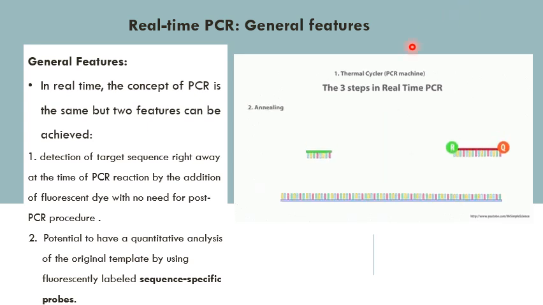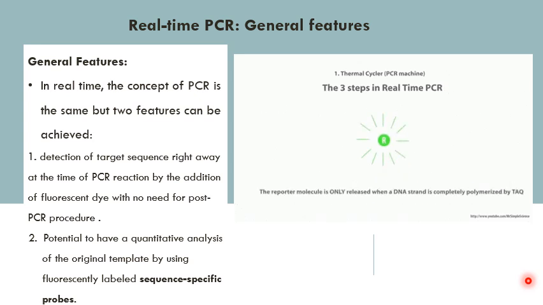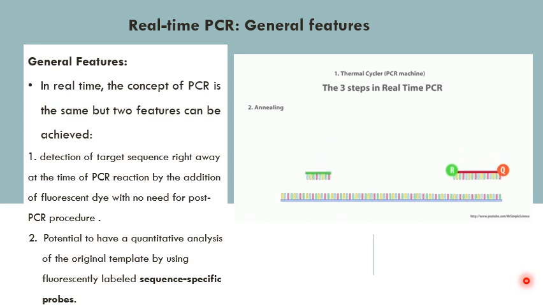No, you just design your primers and it will be detected at the same time using the fluorescent dye, with no need for post-PCR procedures, which are the gel electrophoresis or the capillary electrophoresis. It helps us to have the quantity of the original template, so we design a specific probe to target these sequences, and then we can know the quantity of these targeted sequences.